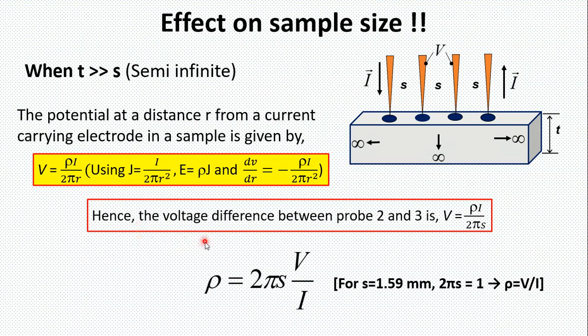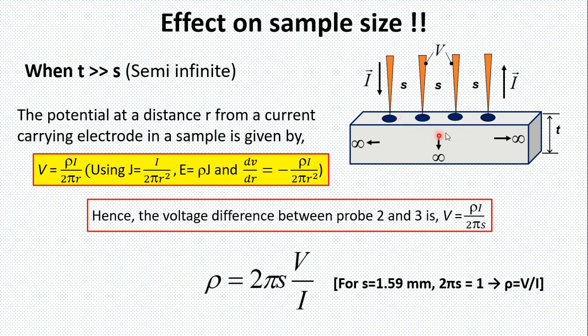Hence the voltage difference between probe 2 and 3 is V equal to rho I divided by 2 pi s. This is a very simple calculation. You can consider a point r and calculate the distance from this point to the second probe and to the third probe.